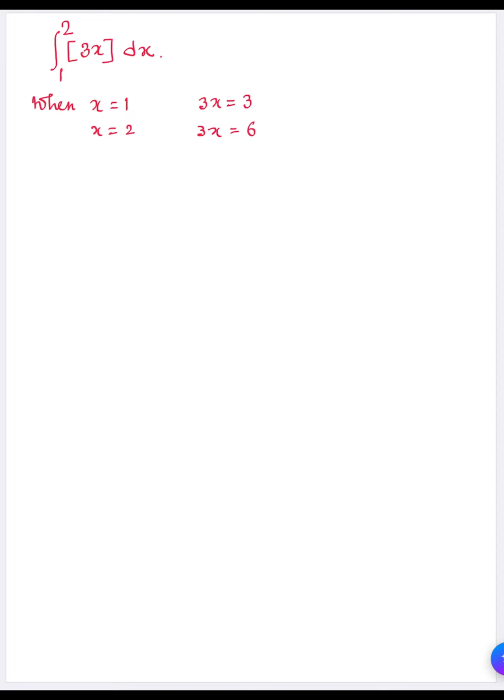Now, how many integers are lying between 3 and 6? The integers lying between 3 and 6 are 4 and 5. Let's make a table.